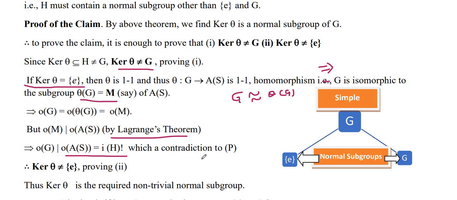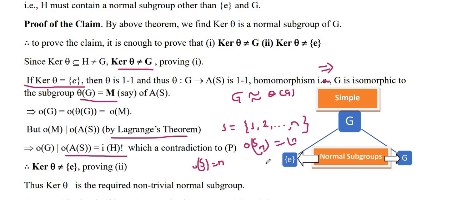We know that whenever S is a set consisting of n elements, say 1, 2, 3 up to n, then S_n, the collection of all permutations on these n symbols, should have n factorial elements.